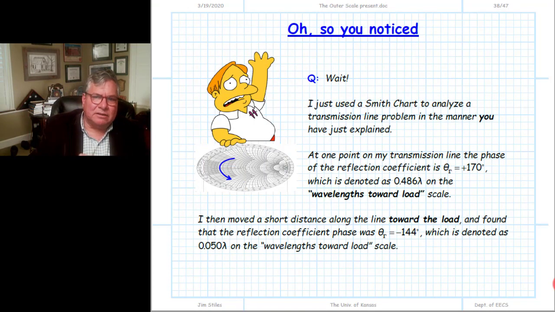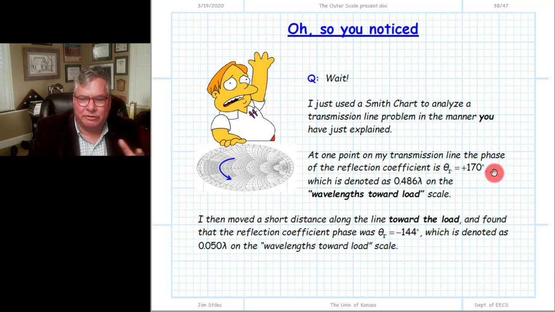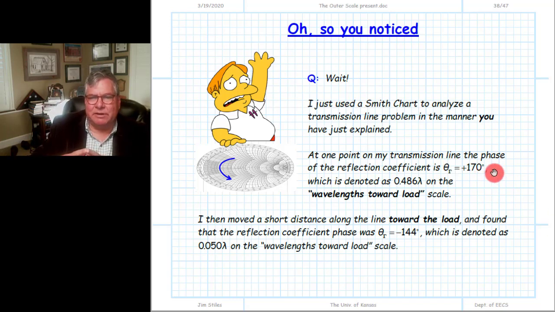So, one final issue with respect to Smith charts that can cause issues for students. To use an example to illustrate this, let's say you are looking at a reflection coefficient which has a reflection coefficient phase angle of 170 degrees.